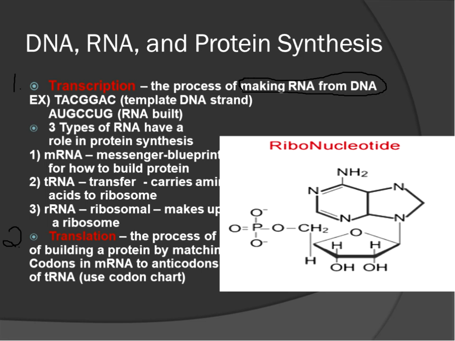In part 1, the goal is to make RNA from DNA. That's what has to happen first. You got to make RNA. And it happens very similar. Helicase unzips it. Instead of DNA polymerase, now we got RNA polymerase.